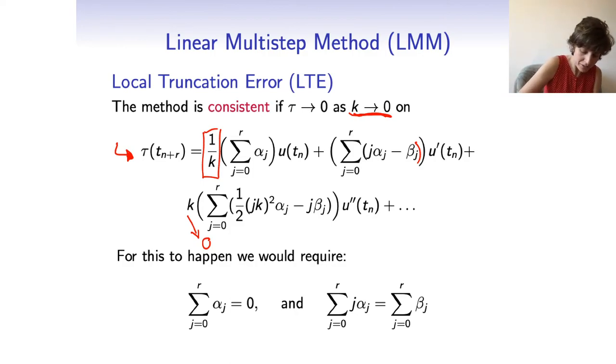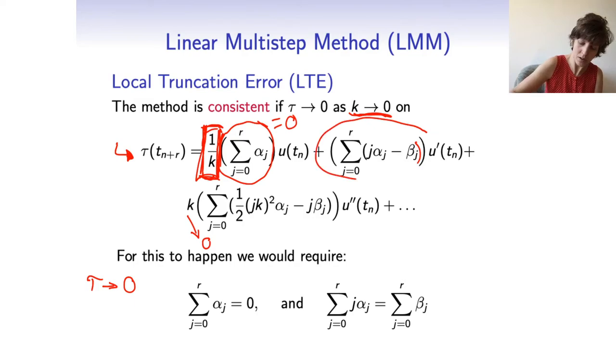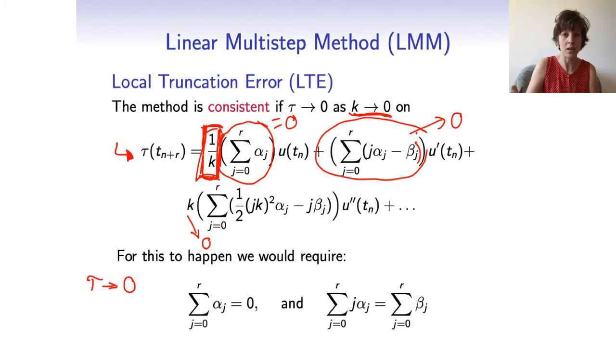So for having this going to 0 as k goes to 0, this term here should be 0, okay? And then we won't have the influence of this term here. And also, we want this term here to go to 0, okay? Because here it's some constant, so it doesn't depend on k.